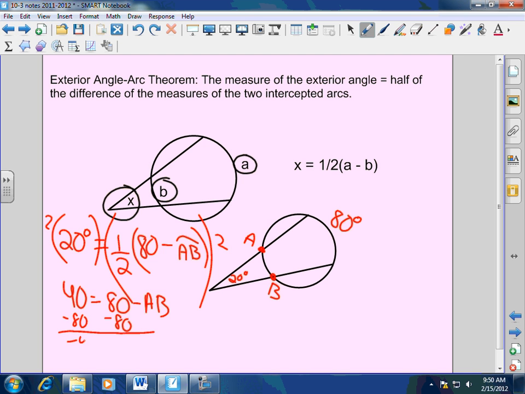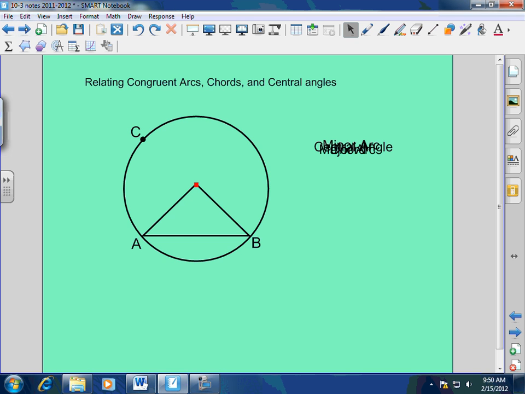So that's negative 40 equals negative AB. So AB would equal 40 degrees. And that makes sense because 80 minus 40 is 40, divided by 2 is 20. It's all in the formula. Does that make sense?